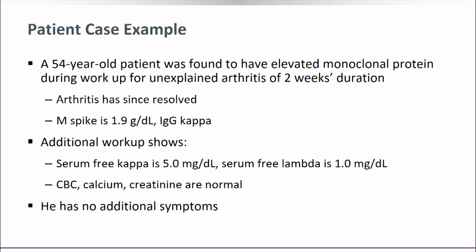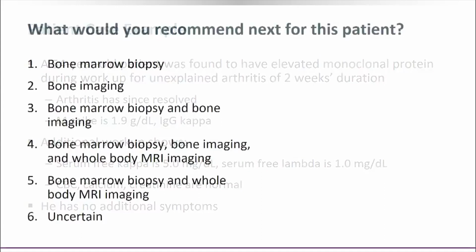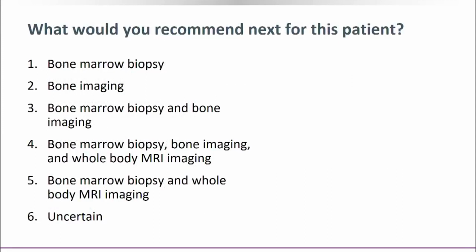Additional workup shows the serum free kappa is 5.0, serum free lambda is 1.0, CBC, calcium, creatinine are normal. What would you recommend next? Bone marrow biopsy, bone imaging, bone marrow biopsy and bone imaging, bone marrow biopsy, bone imaging, and whole body MRI, bone marrow biopsy and whole body MRI, or uncertain? Go ahead and vote.